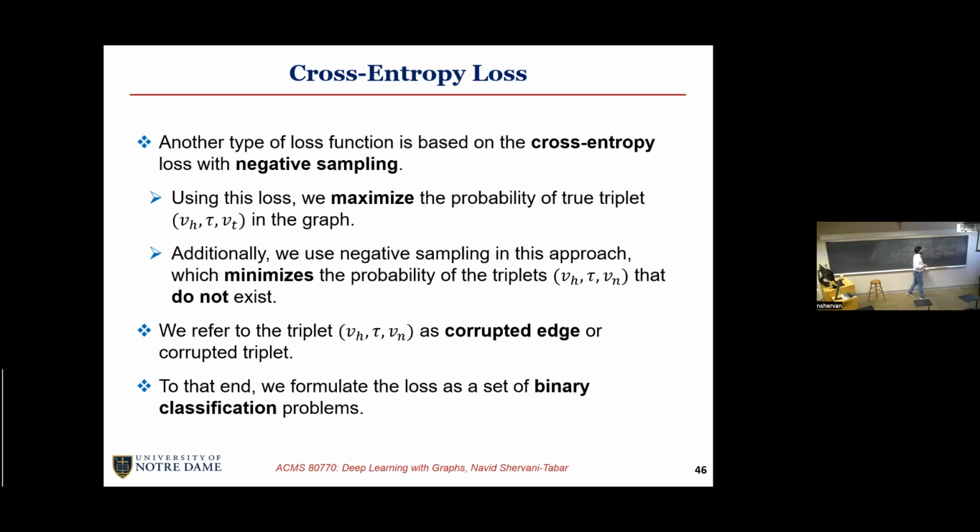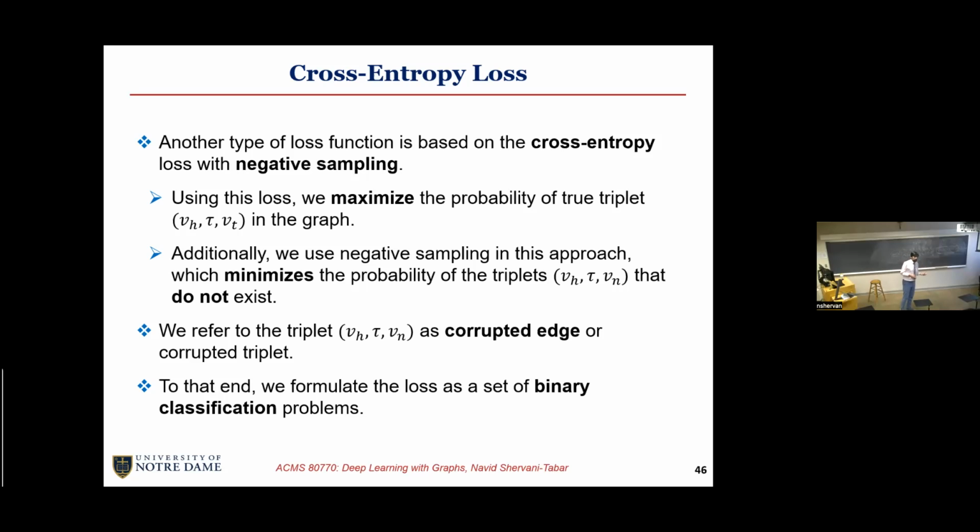So now what we do is that we want to solve a binary classification problem given each triplet. We want to say that if this triplet is there, do we observe that? Or do we not observe that?